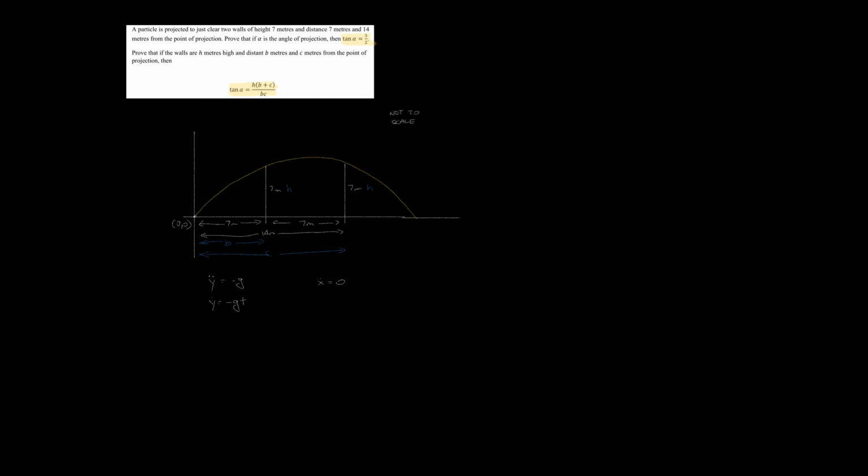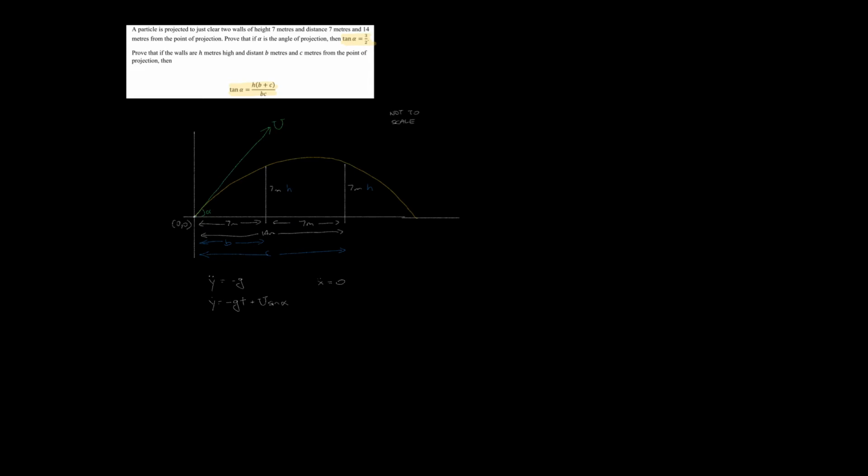So the initial projection is this direction. Let's call the initial projection speed u. Okay, and it's projected at an angle of alpha. So this is negative gt, but when time is 0, the velocity is u sine alpha. Now why is it u sine alpha?